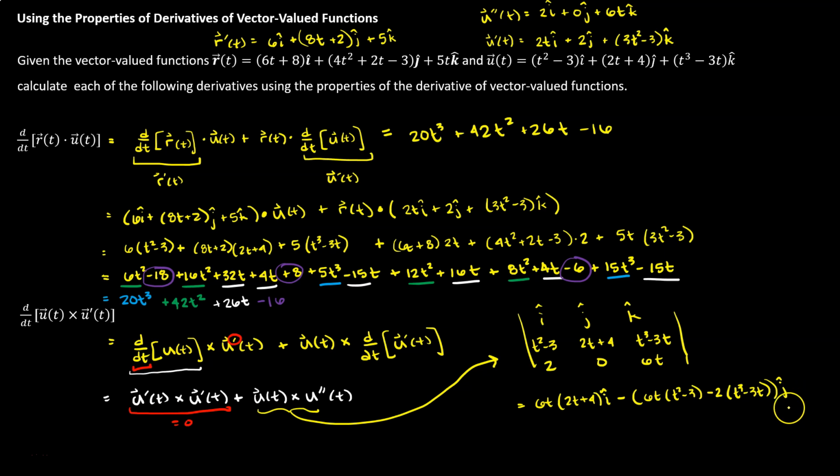Kind of running out of room here, so I'm going to write the k component below this. That'd be 0 times t squared minus 3, and then minus 2 times 2t plus 4.